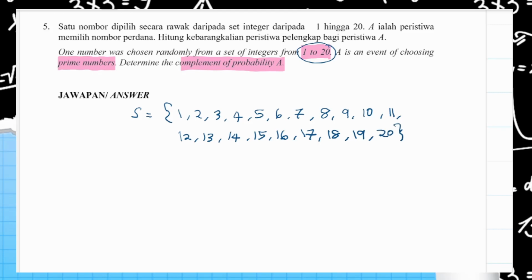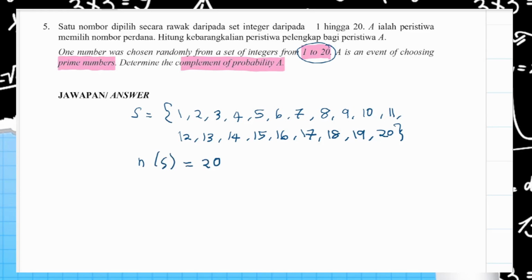Close the bracket. Then we calculate how many is our sample space. You already wrote 1, 2, 3 until 20, right? So of course the number of sample space is 20.